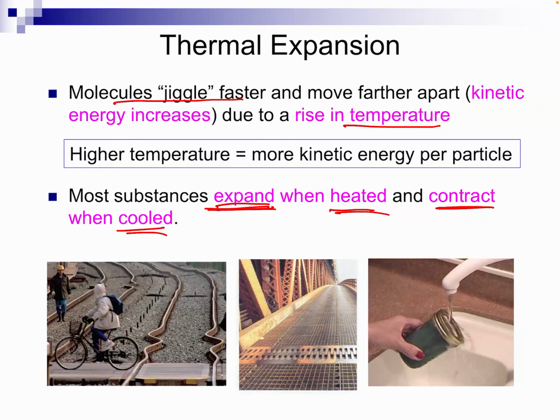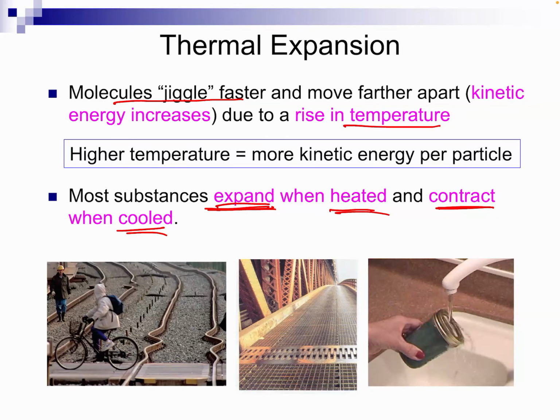This property of the object is called the coefficient of expansion. So the coefficient of expansion is a property of the material that determines how much the material expands. And we'll talk about these two coefficients of expansion, alpha and beta.